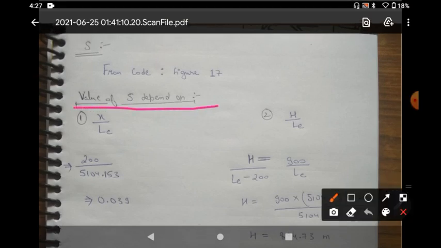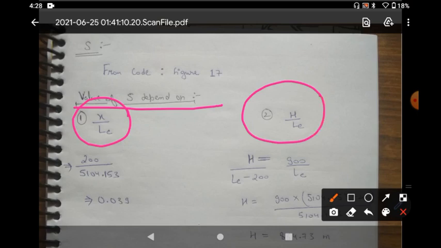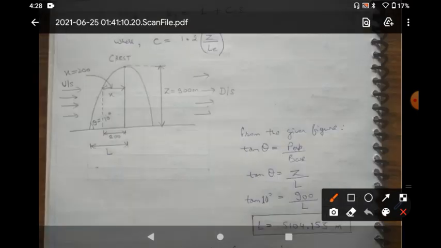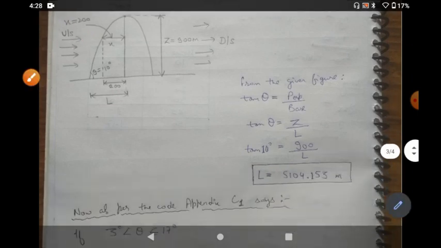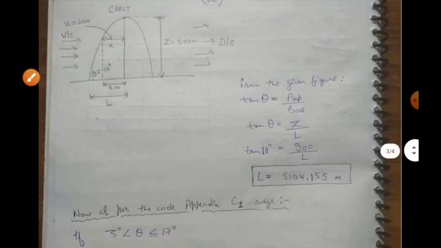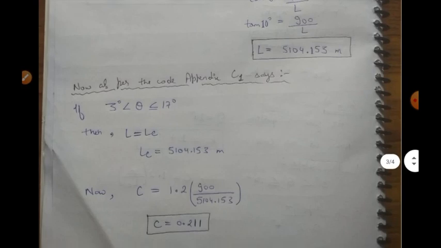the value of S depends on the ratio of X by LE and the ratio of H by LE. So from this figure you can see that the value of X is 200 meter. Okay, and the value of LE is 5104.135 from this condition.